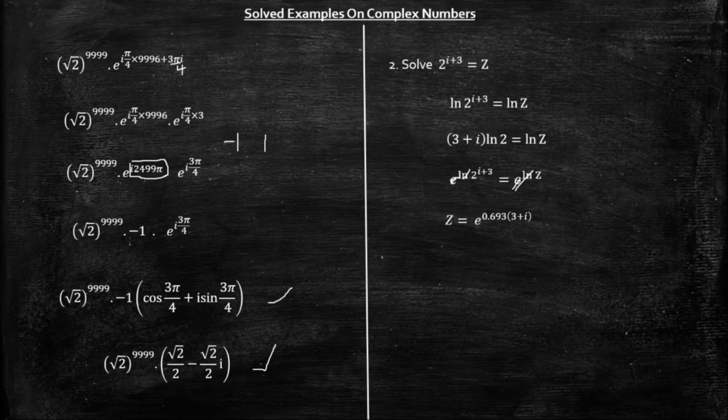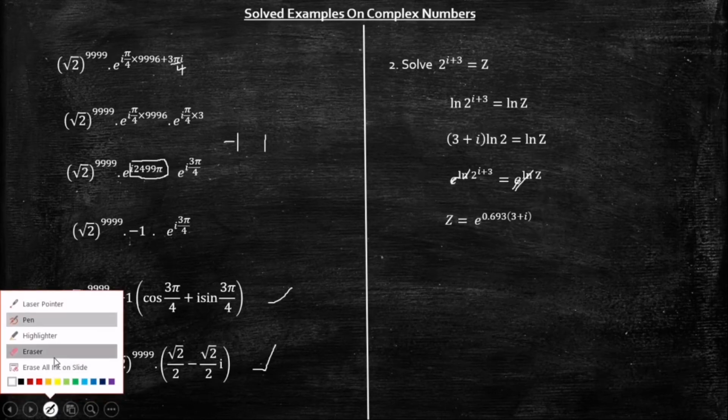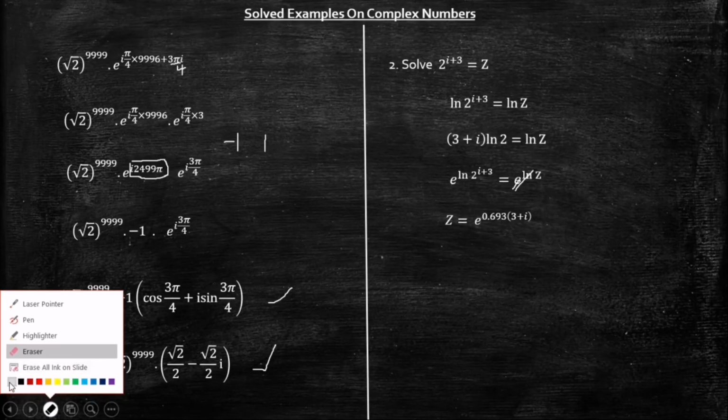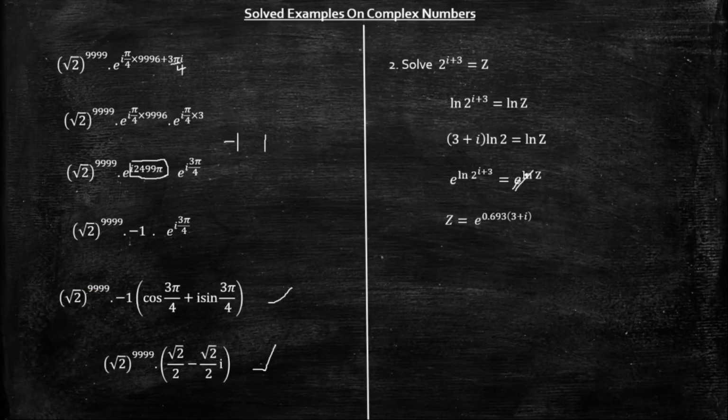Let me come again. This e will not take care of this because this one is with that, right? Let me do it again. So let me erase it. Sorry for that. So I've erased it very nicely. So now when you do that, this e will take care of the ln.